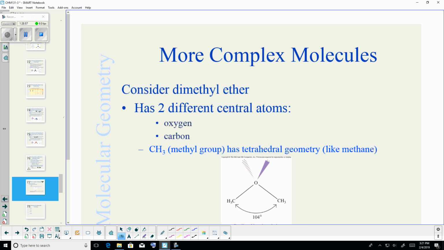If we look at this carbon down here, it has this going up to the oxygen, hydrogen, hydrogen, hydrogen. This carbon has 4 things around it. The shape around this carbon is going to be tetrahedral. The shape around this oxygen is bent. The shape around this carbon is tetrahedral.